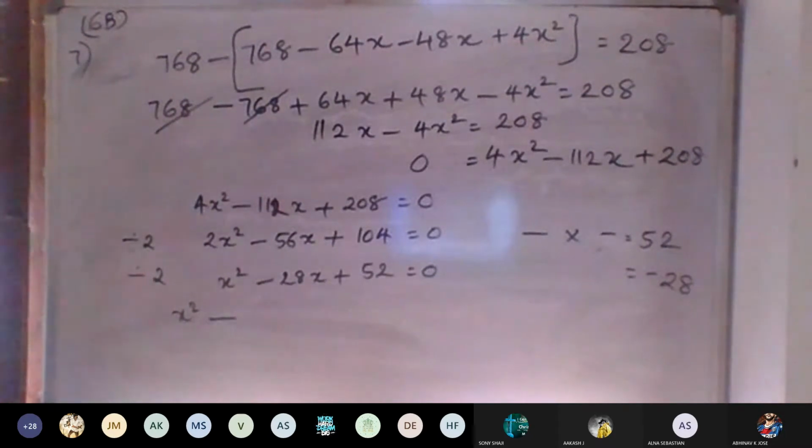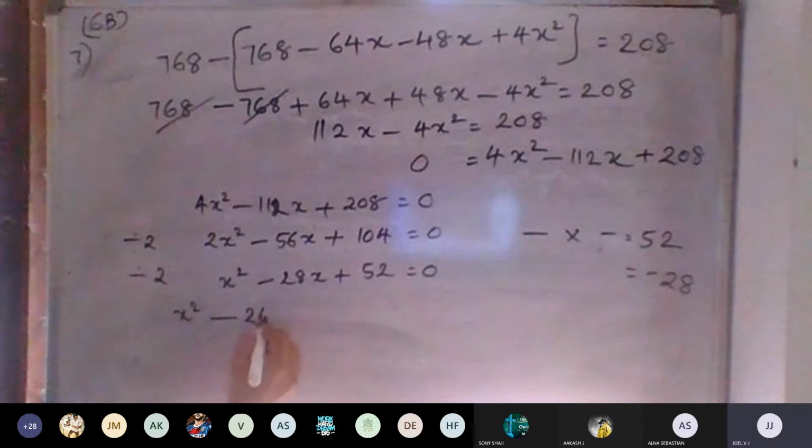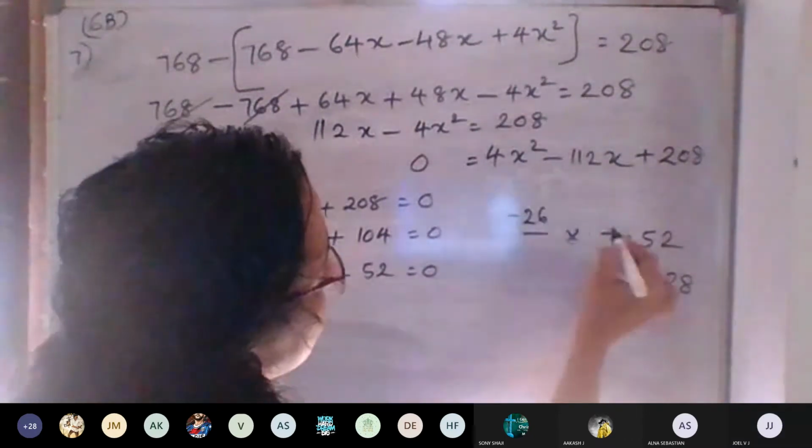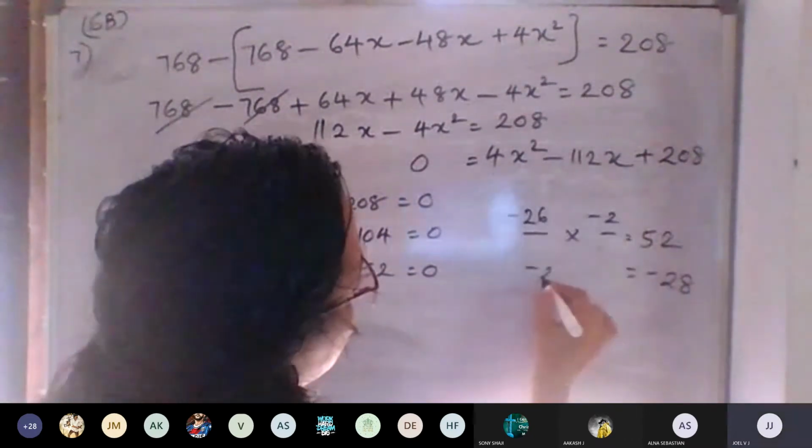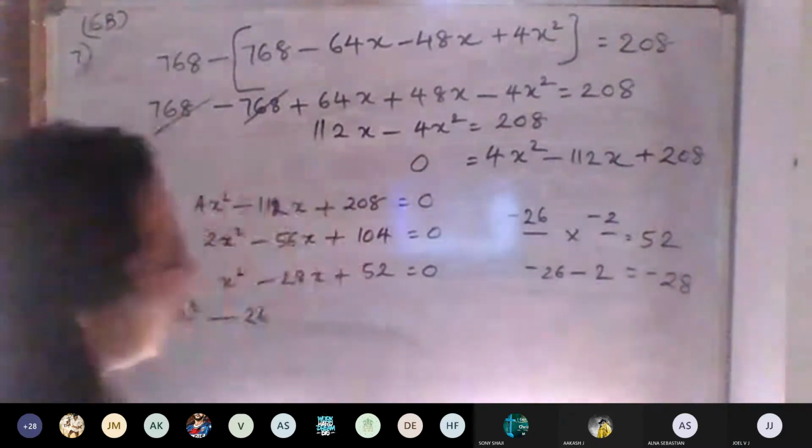Negative 26 into negative 2. Negative 26 minus 2.